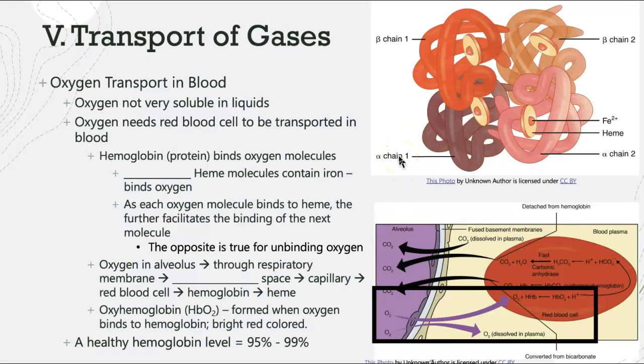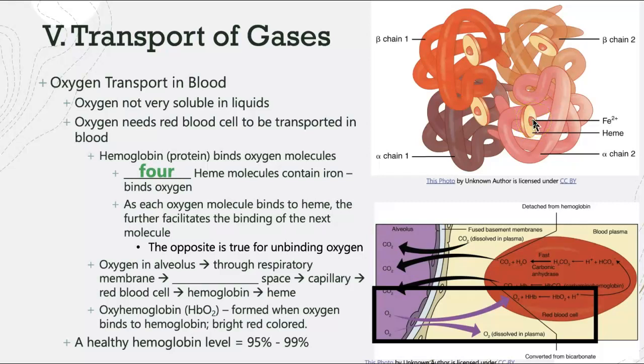First, our oxygen is being transported and is not very soluble within our liquids. So oxygen needs a red blood cell in order to be transported through our blood. We do this using a molecule known as hemoglobin. This is going to be able to bind oxygen using our 4 heme molecules that contain this iron binding the oxygen.